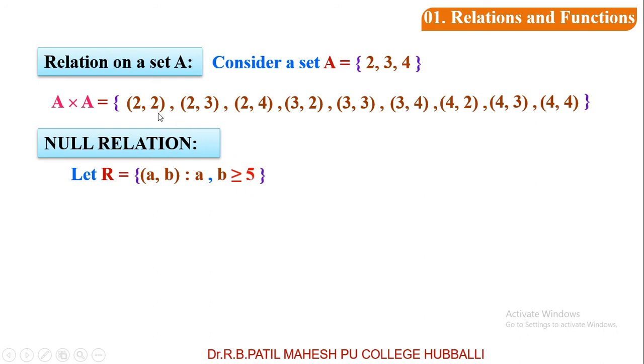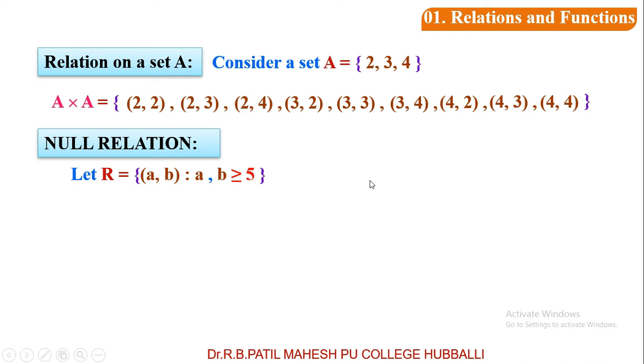Can you see (a, b): 2 and 2 is there, 2, 3 is there, 2, 4, 3, 2, 3, 3, 3, 4, 4, 2, 4, 3, 4, 4. From all these ordered pairs, can you say any ordered pair says a and b are greater than or equal to 5? No, you can't say, because each and every ordered pair in A cross A has numbers less than 5 only.